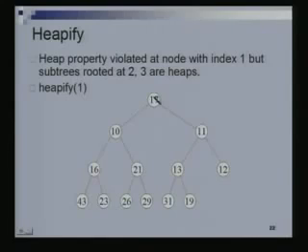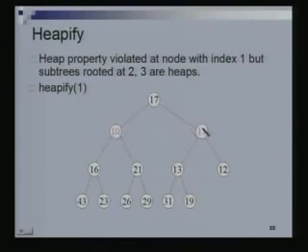That is a very crucial part for heapify. Only then would heapify work. So, heapify can be invoked at 1 only because the subtrees rooted at the two children of node 1, this and this, are already heaps. So, let us see how heapify works.